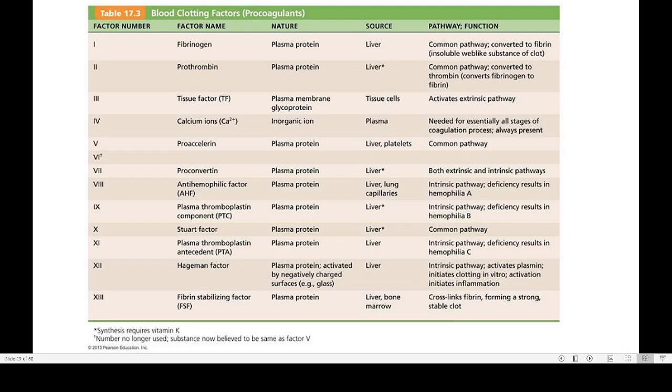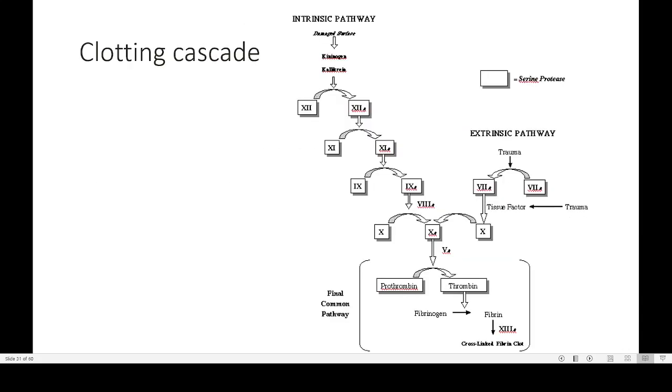That last one is responsible for cross-link formation, forming a stable clot. Even if fibrin is formed, this 13th factor is also needed. The 13th factor helps in forming a net-like structure by the fibrin, and as a result, fibrin will be converted into fibrin threads.